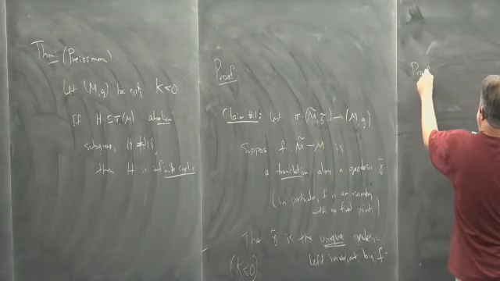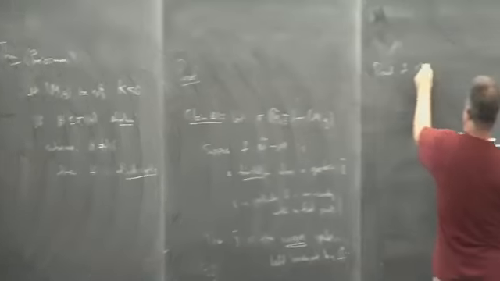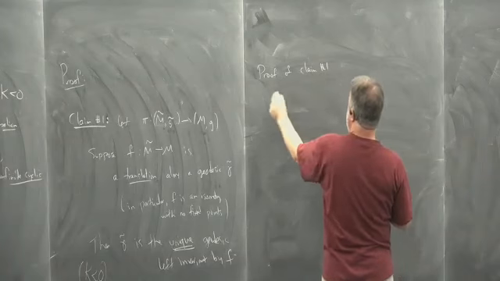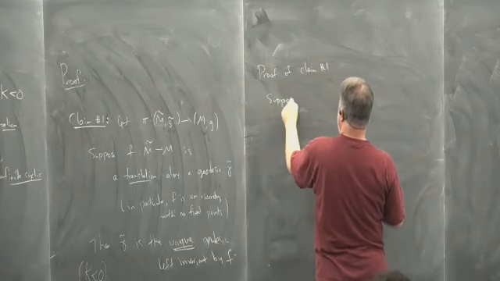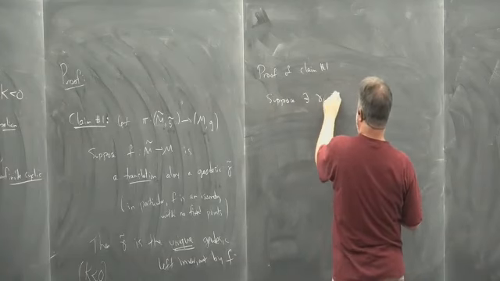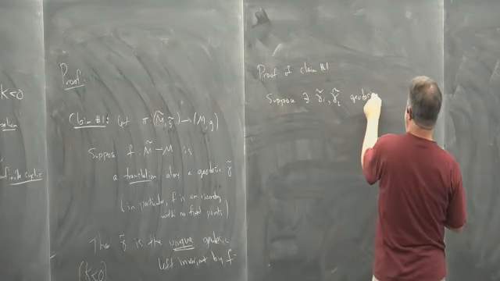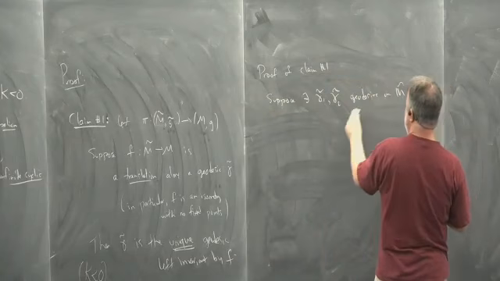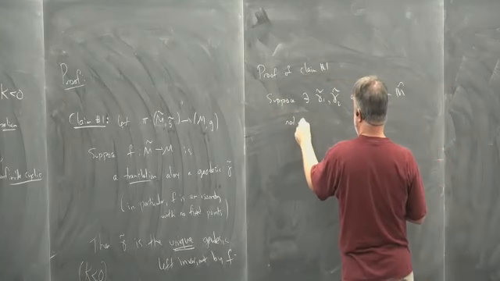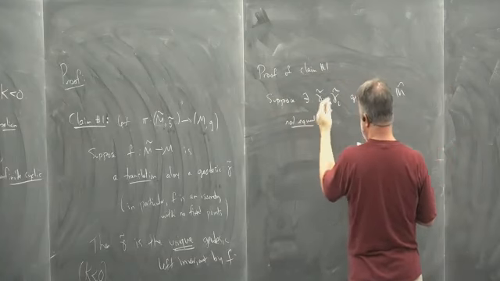So proof of claim 1, suppose there exist gamma 1 tilde, gamma 2 tilde, geodesics on M tilde, not equal. These are maximal geodesics, right?